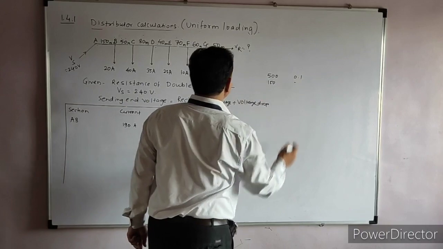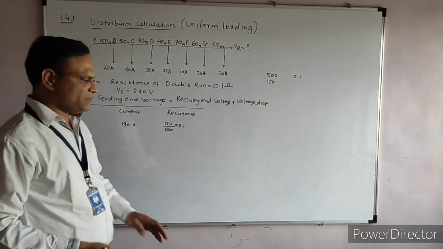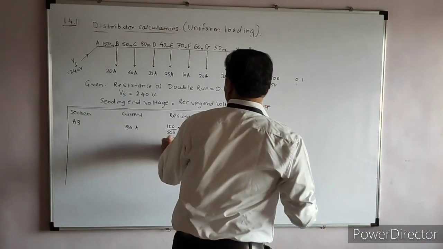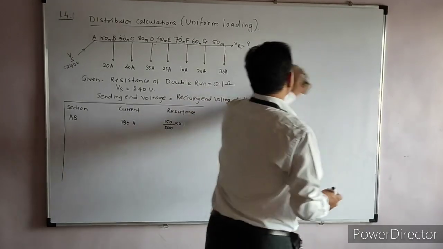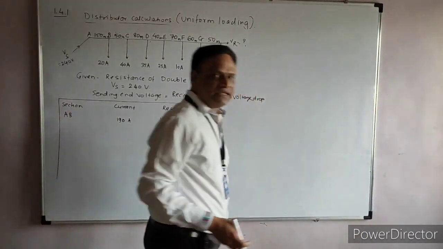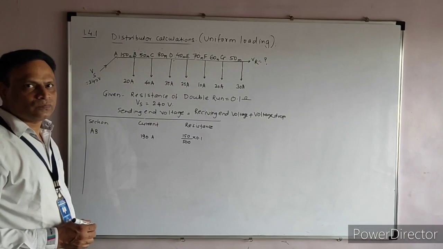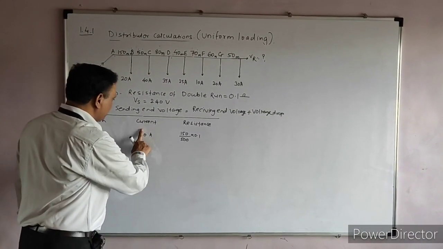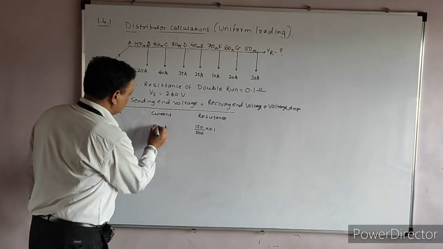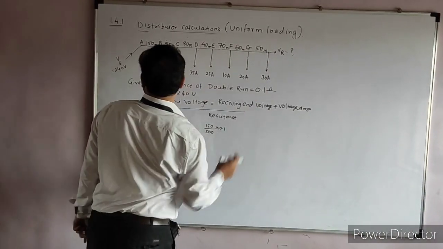So we will get 150 into 0.1 upon 500. The same thing we have done here. Now this will make our calculation easy. Sorry, here the total comes to be 180. If you make the total, this will be 180.